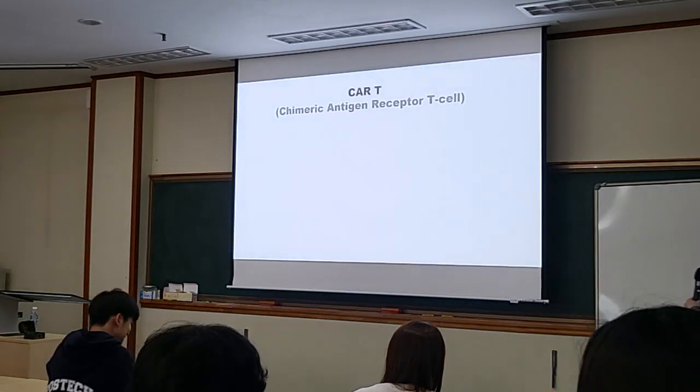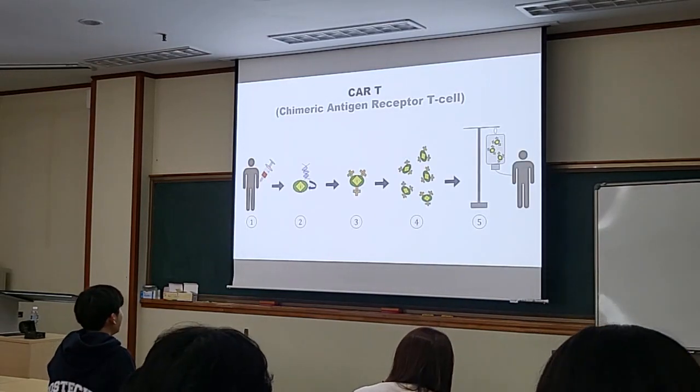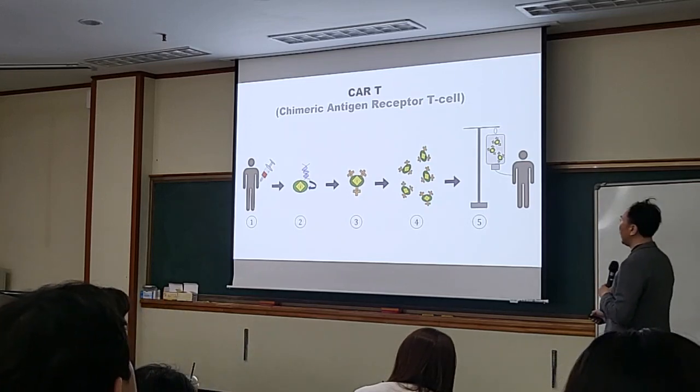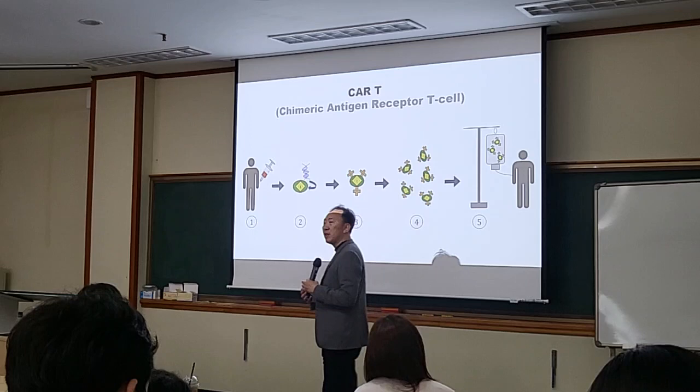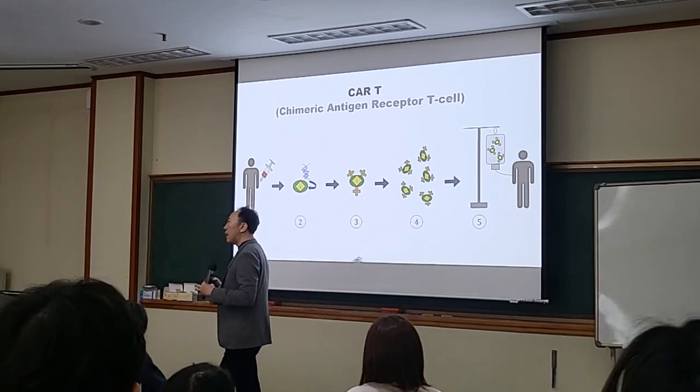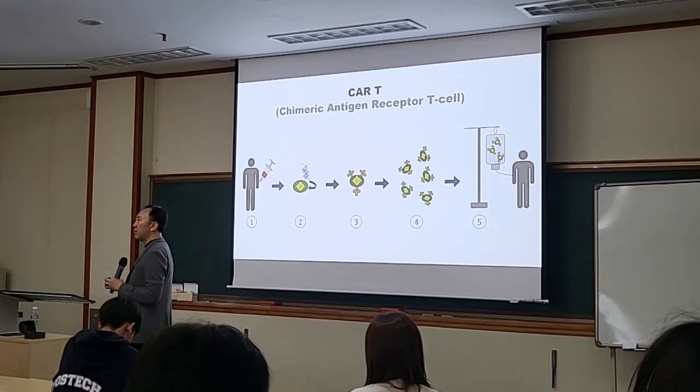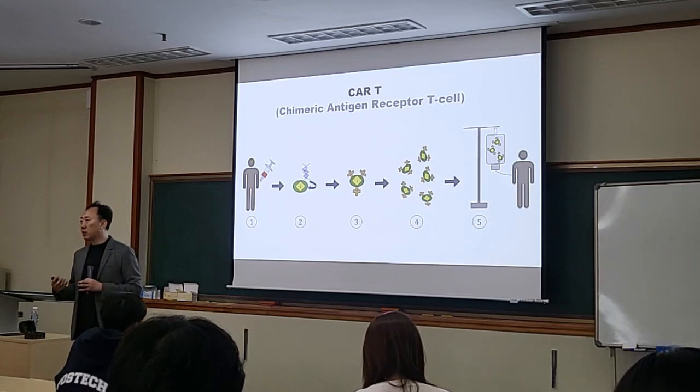Okay, so for this CAR T, as already mentioned in the talk, to do that experiment you need to get your own T cells, which means your immune cells at least have some function. You need to have enough white blood cells.